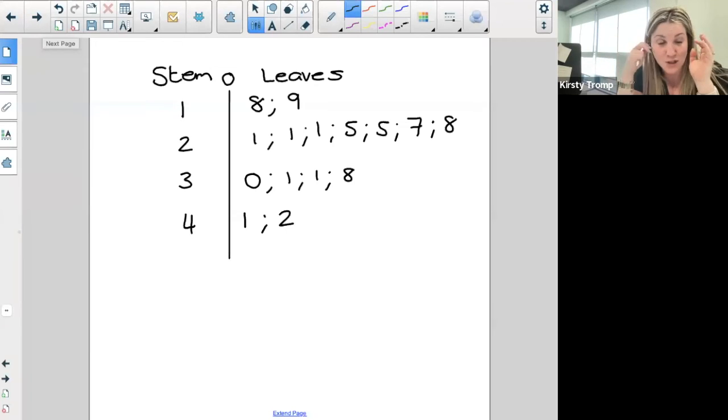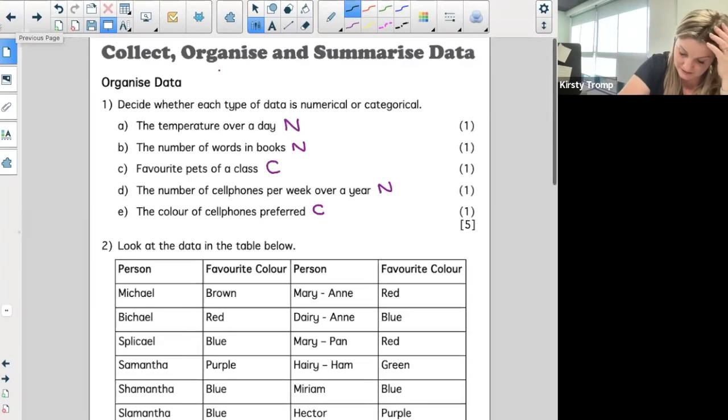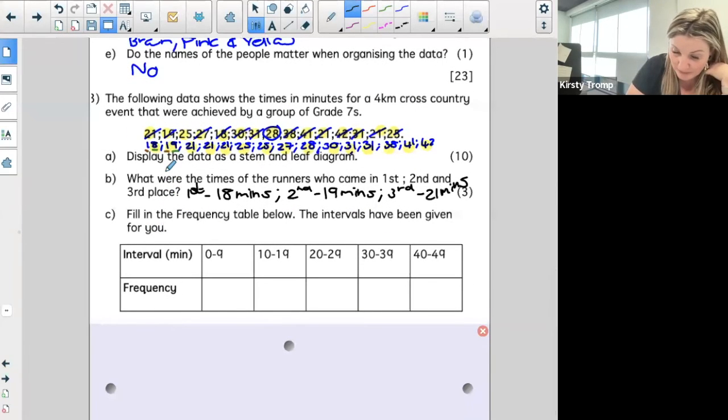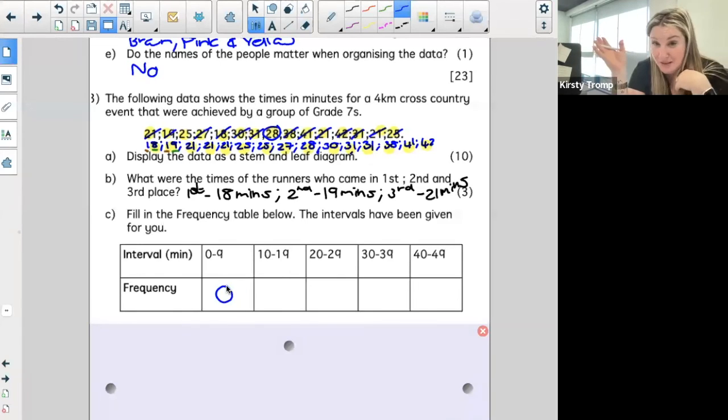Tell us in the chat, how many people came in 0 to 9 minutes? Sorry, they're showing milliseconds. Well done, none. So I'm going to my frequency table, and under 0 to 9, I'm going to put a 0. I had no one come in from that time.